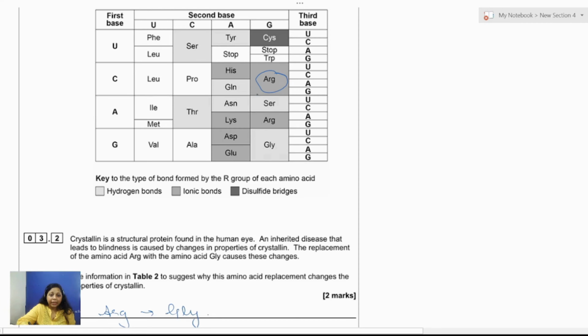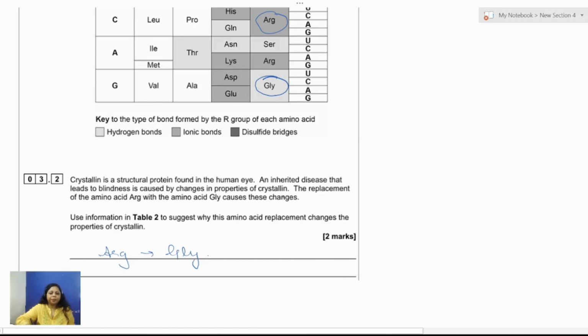Glycine. So where is glycine? Okay, glycine. So this one is glycine. So this bond is going to be affected because glycine is there now. So if glycine is there, then hydrogen bond instead of ionic bond, and it will change what structure? Because they have talked about the structure. The tertiary structure. So we have to write these two points in detail.